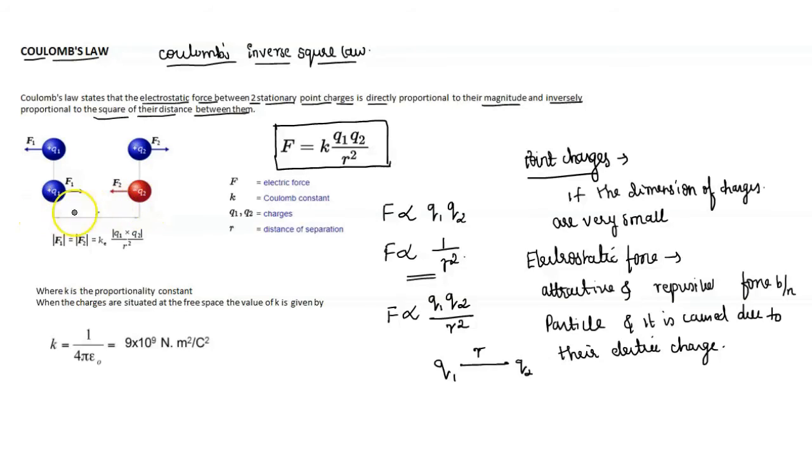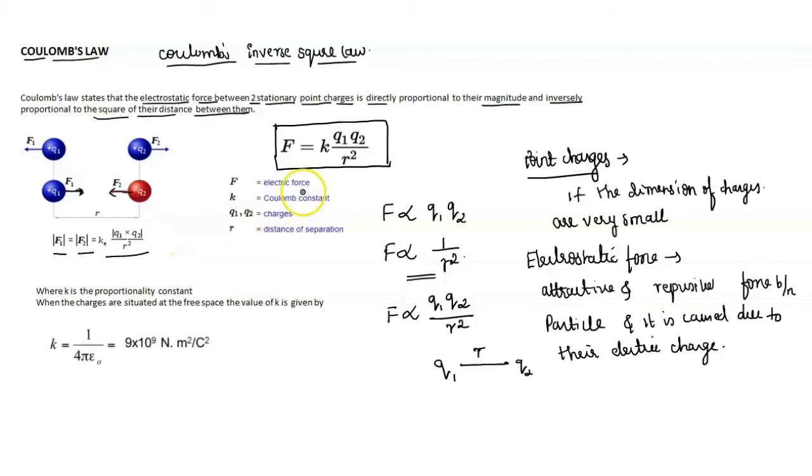If we have two opposite charges, the electrostatic force between those two point charges will be a force of attraction. Because we are considering the modulus here, the final value will always be positive, whether the charges are positive or negative.